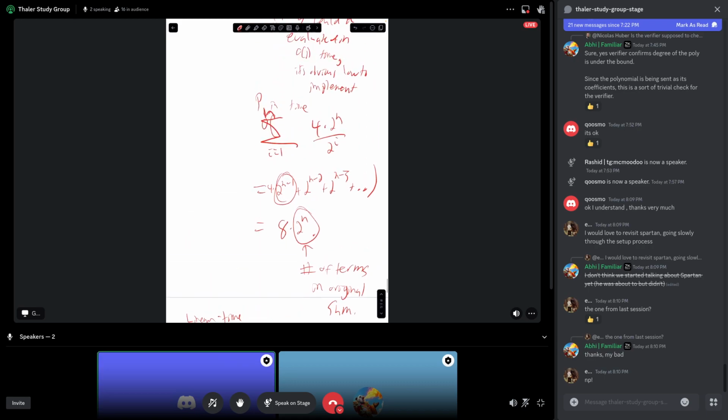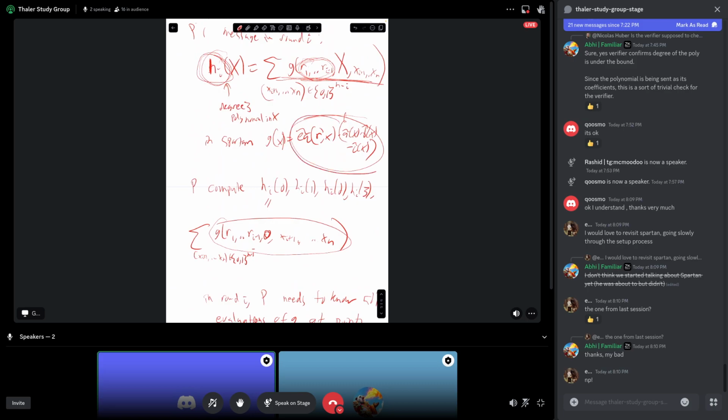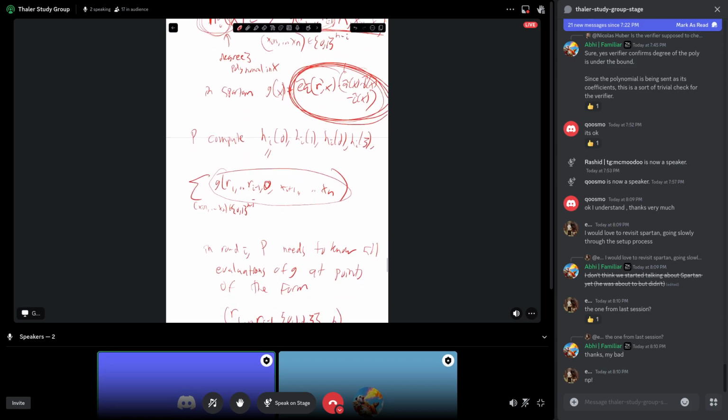Okay. So the complication is when you actually come into applications, g looks like this sort of stuff, and now it's not obvious that you can evaluate g at any point in constant time.